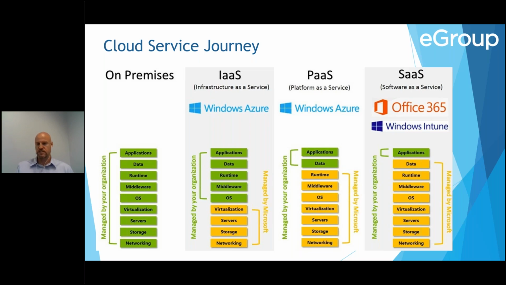So if you look at Office 365 versus running Exchange online or on-prem, or Windows Intune versus an SCCM, that's really, if your organizations are moving all the way over there, you just want to consume a service, you want to get a login and pay a subscription fee. And so as you think about this, you're probably in different areas of this graph for different applications, but that progression has been kind of happening over time.